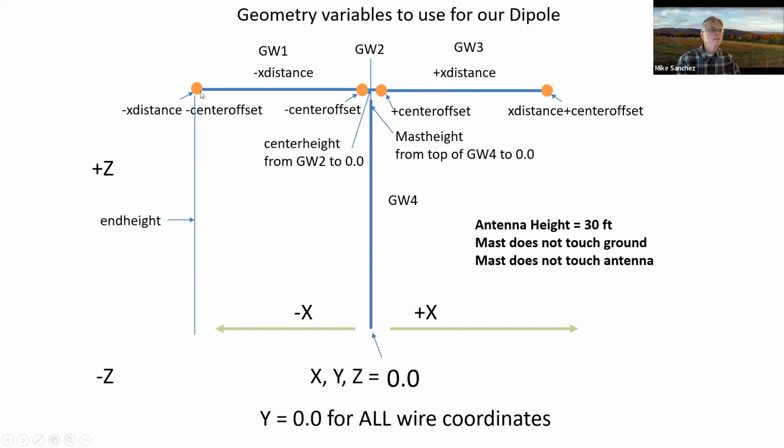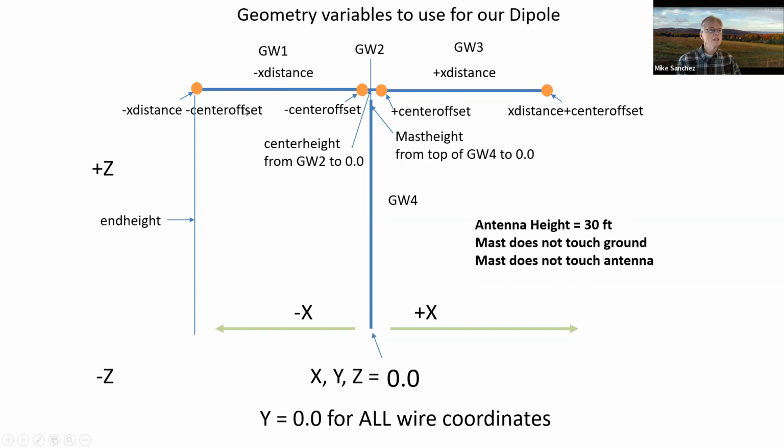Then for the next coordinate, I label the distance from this coordinate to this coordinate as x distance, and since it's on the minus side, it's negative. And then I label this coordinate minus x distance, minus center offset.